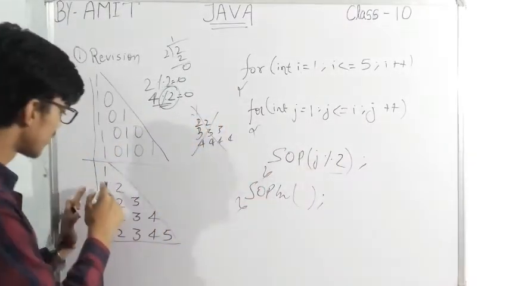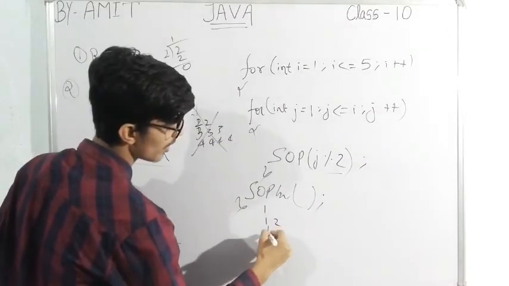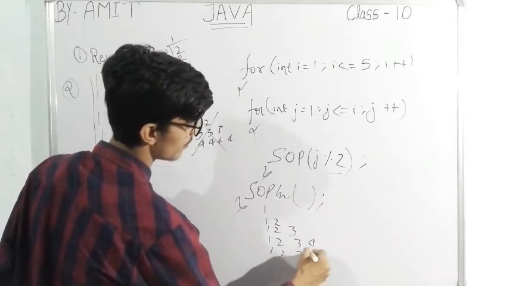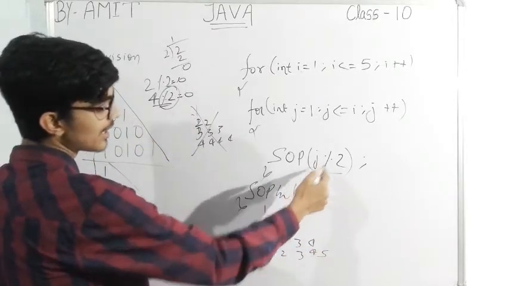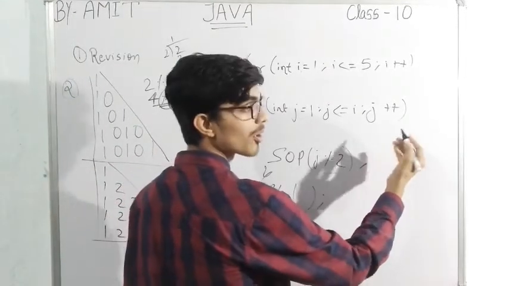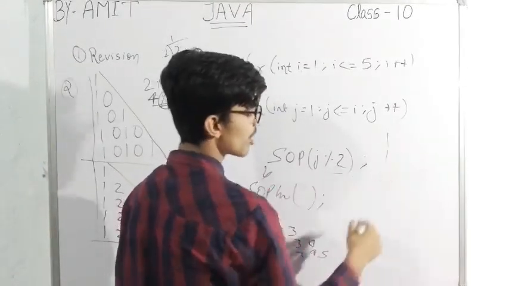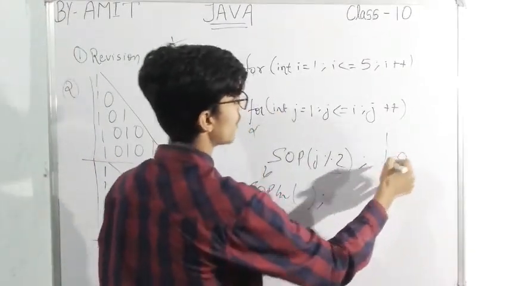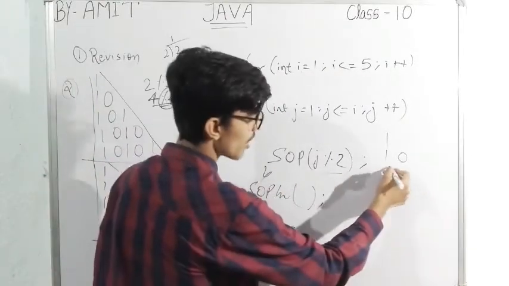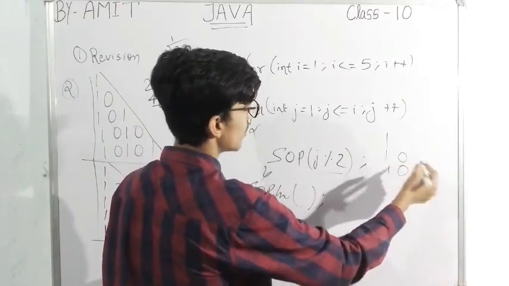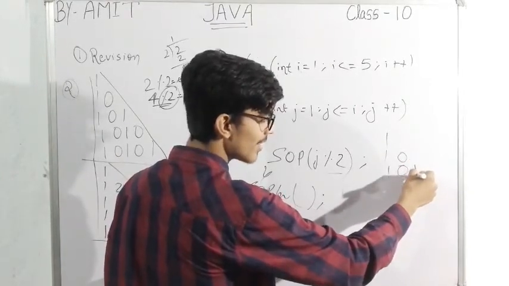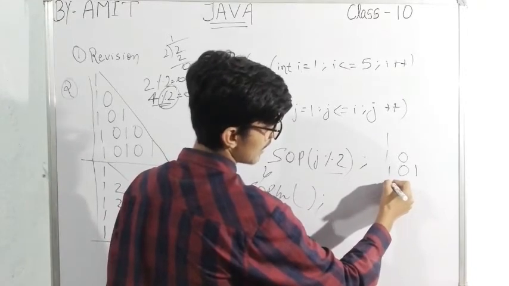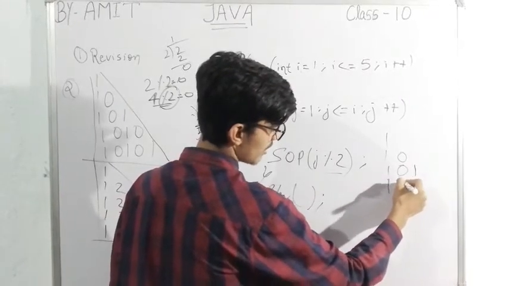Till here it will take the values 1, then 1, 2, then 1, 2, 3, then 1, 2, 3, 4 and 1, 2, 3, 4, 5. And here it is mod 2. So 1 mod 2 is 1, 2 mod 2 is 0, so it will print 1 0. Again 1 mod 2 is 1, 2 mod 2 is 0, 3 mod 2 is 1, so 1 0 1.